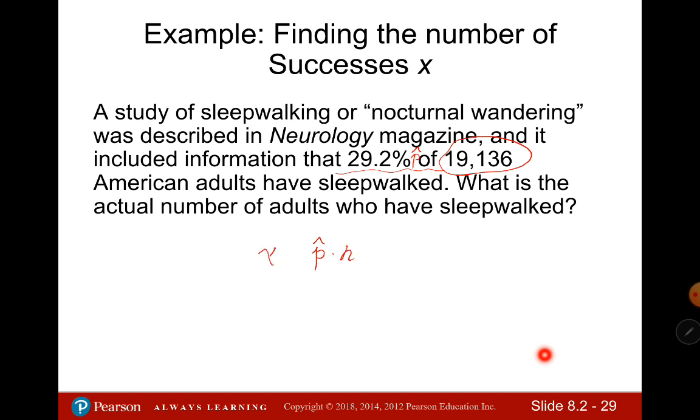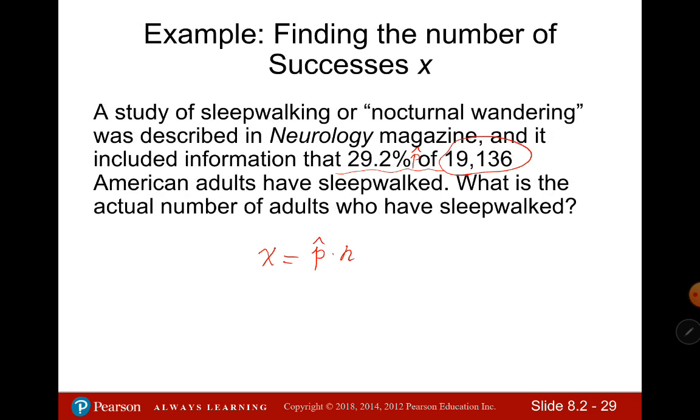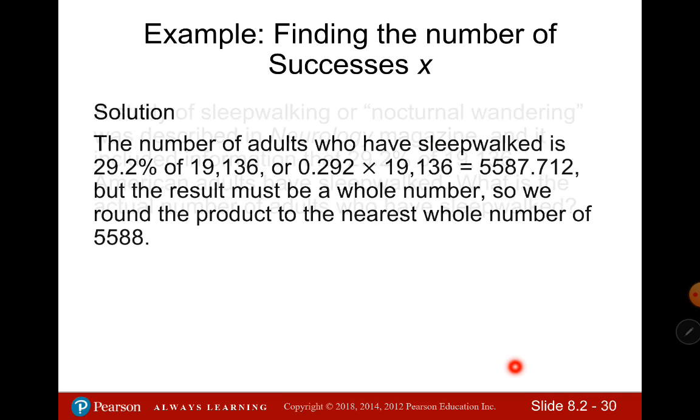So how can we get the x value? Remember, x is equal to n times p hat. So we just use 29.2% times the sample size, and we round up to the next whole number to get this.